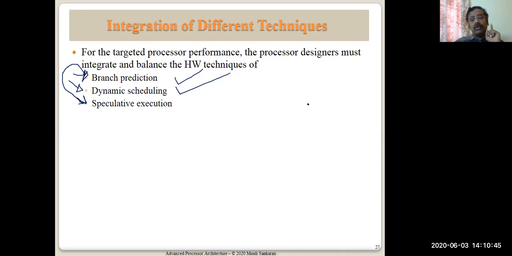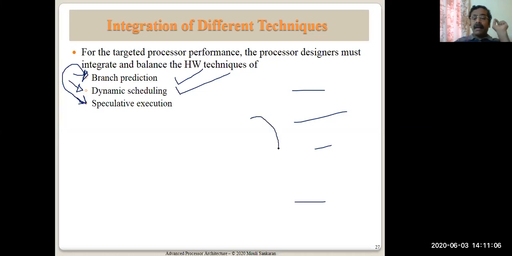One more point I will tell you: the percentage of jumps coming in your code is much higher. If you see your control code, there will be so many if conditions, switch statements, for loops, function calls. So they are more frequent.